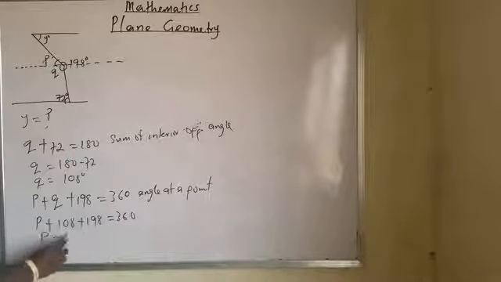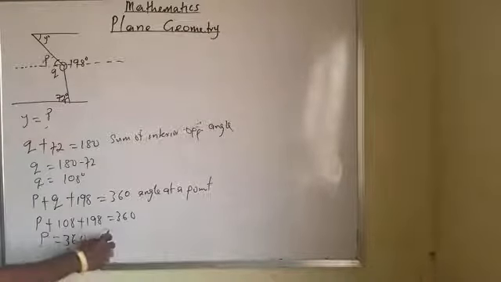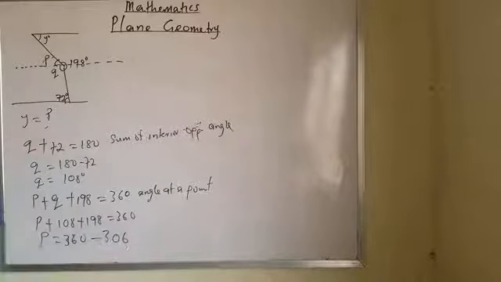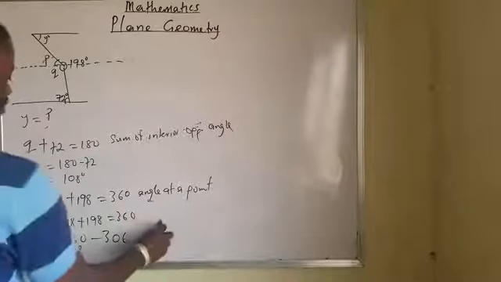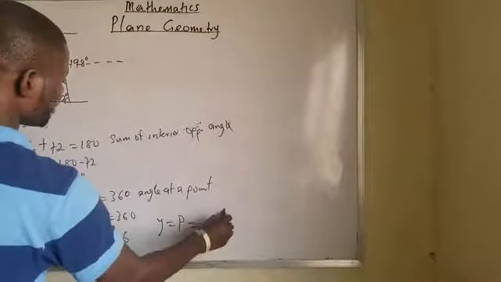My P will be 360 minus this plus this, which is 306. Now, my P equals 54 degree. Don't forget that P equals 54 degree. That is what I'm looking for.